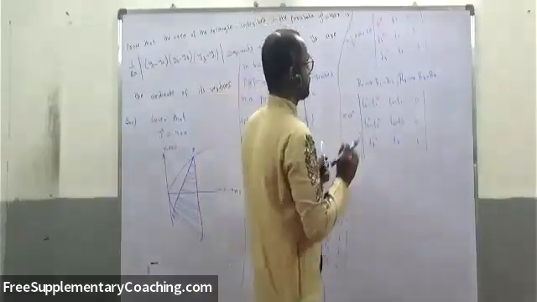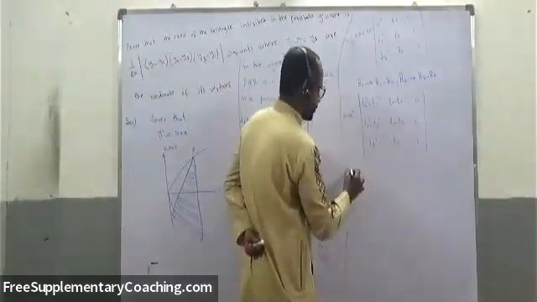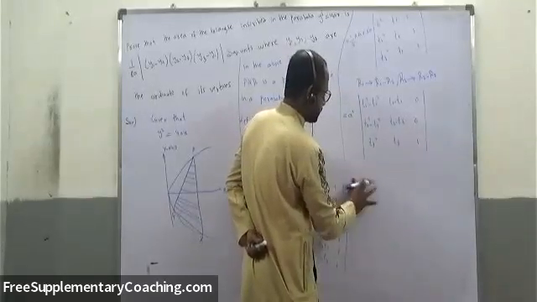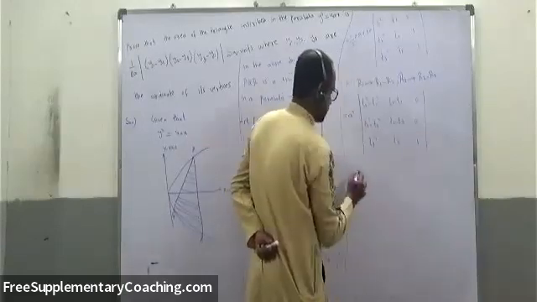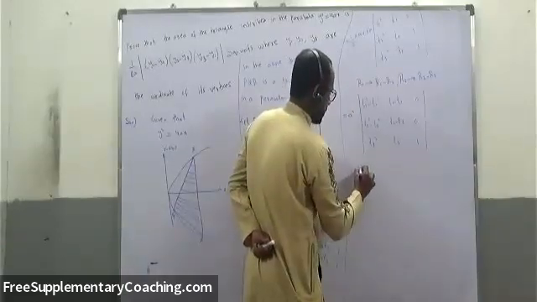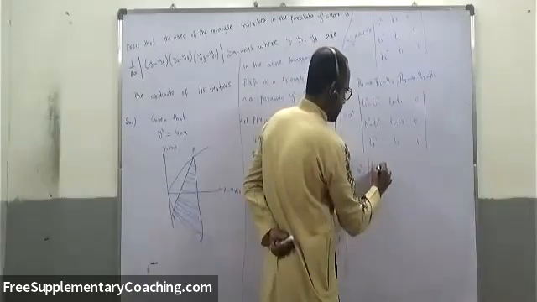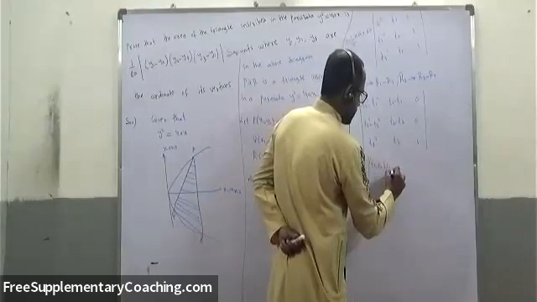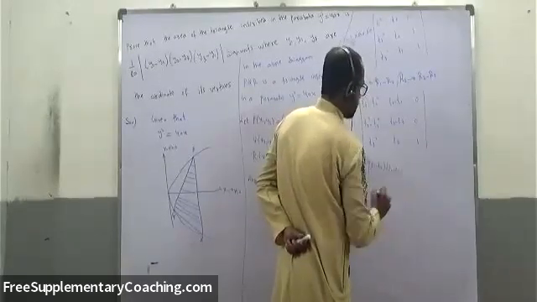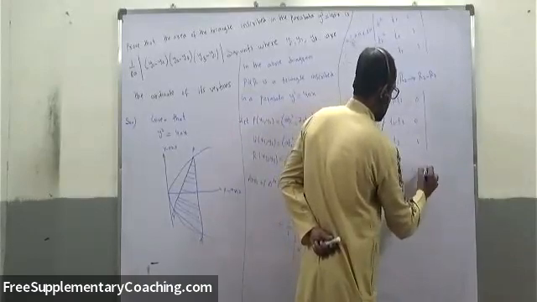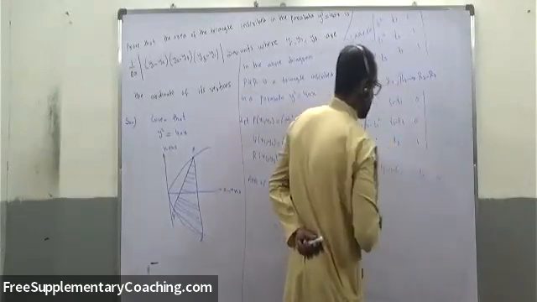If I convert according to the formula, what I will get is A square mod: T1 minus T2 into T1 plus T2. This T1 minus T2 as it is. This 0 as it is.